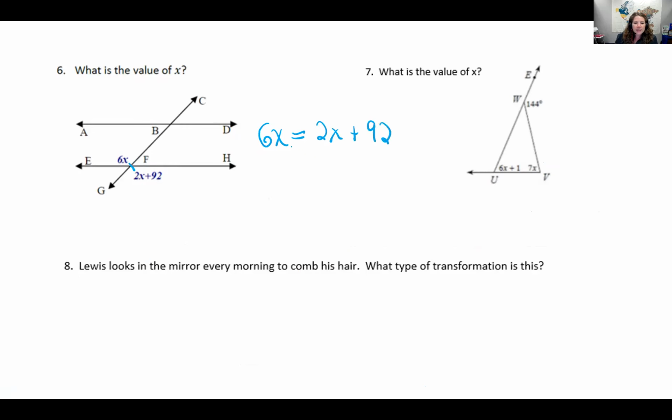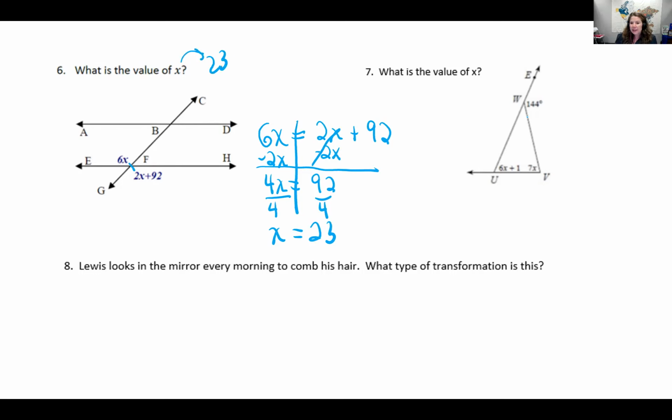We've got to get those x's on the same side of the equal sign, so we subtract 2x from both sides. 6x minus 2x is 4x equals 92. To get rid of 4 times x, we divide by 4, and x is equal to 92 divided by 4, which is 23. So the value of x is 23.